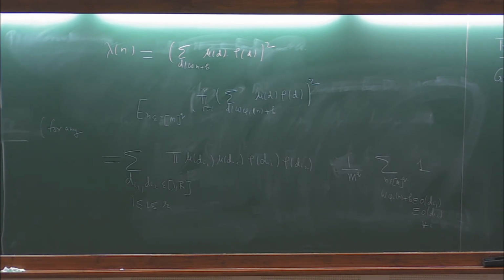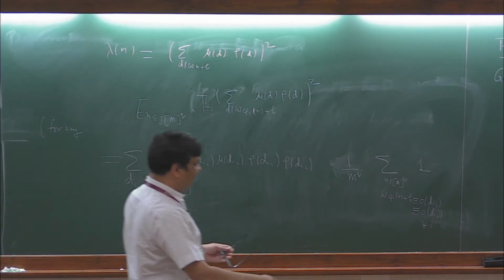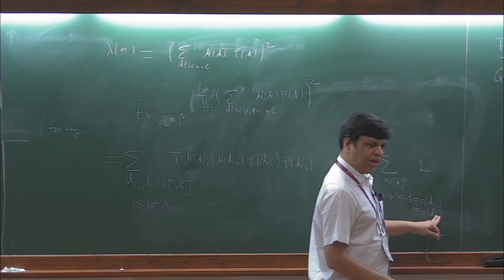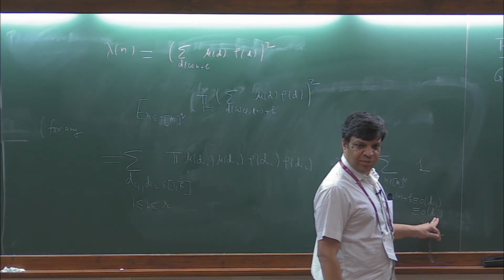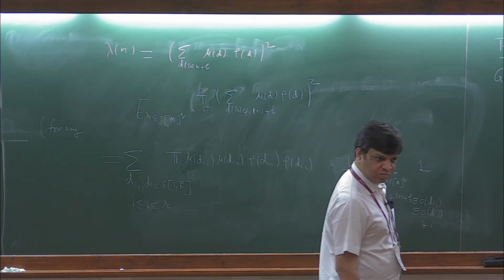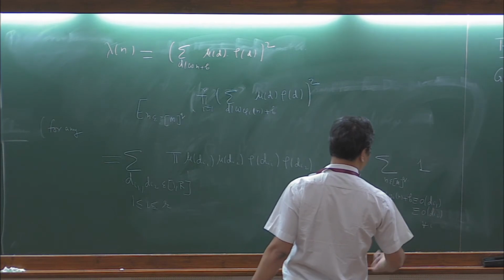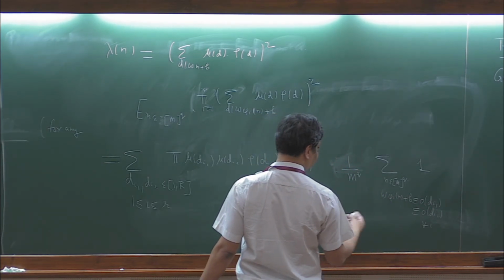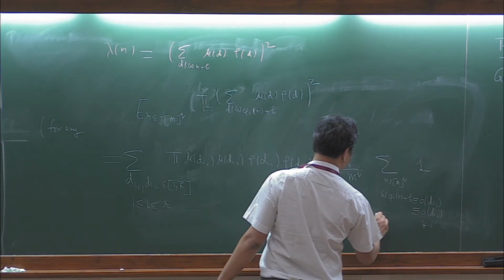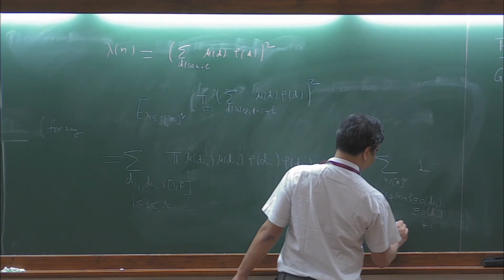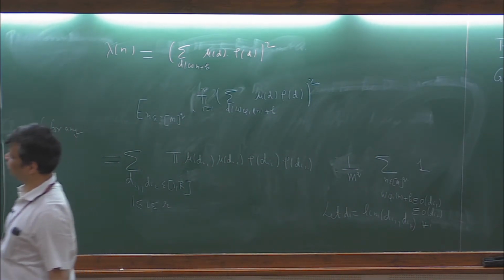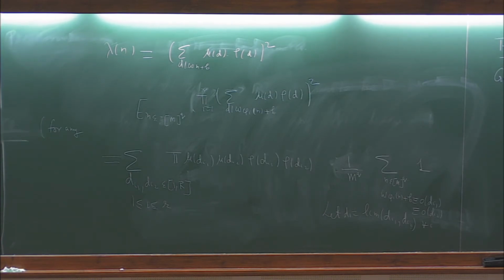So now w phi n plus b should be congruent to 0 mod this number as well as this number. That means it is congruent to 0 mod the LCM of them. So let d be equal to the LCM of d1, d2. Then this is equal to 1 by m to the q, the inner sum.